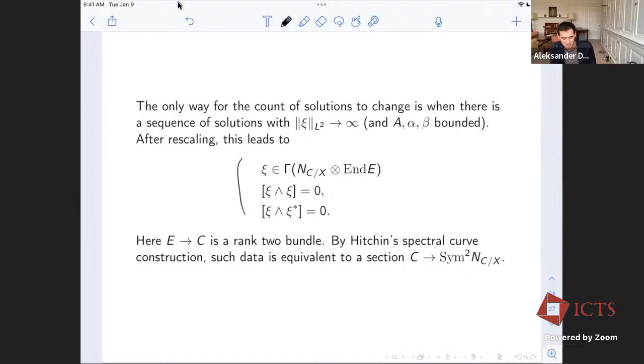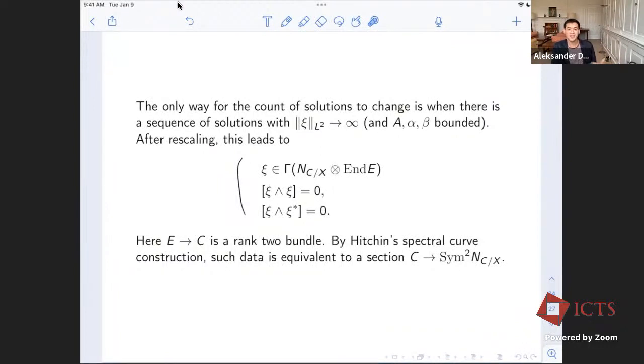Well, N is a rank 2 bundle. So essentially, I have at every point 2 matrices. And these 2 conditions tell me that these matrices commute and that they commute with their conjugate. So that means that they can be simultaneously diagonalized.